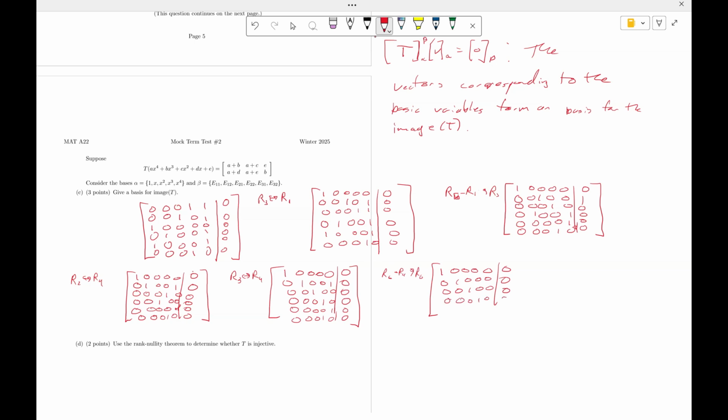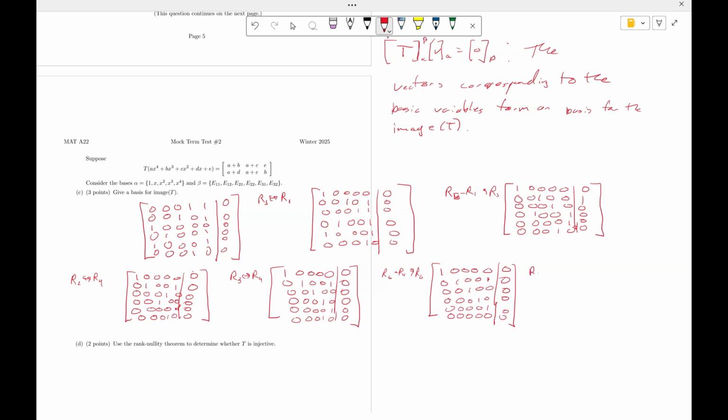0, 1, 0, 0. Oh, I forgot this one is supposed to be a 1. Oh, this here is supposed to be a 1. Then I get 0, 0, 0, 0, 1, and 0, 0, 0, 0, 0. And finally, I need to zero out this column; it's in the right spot. I need to zero it out.